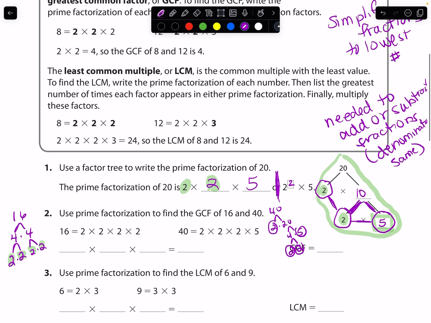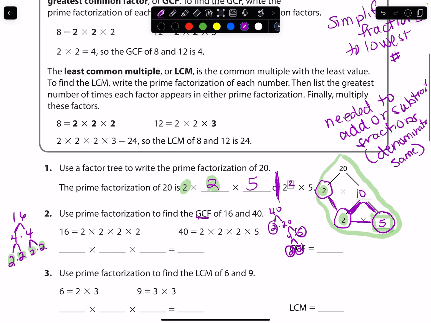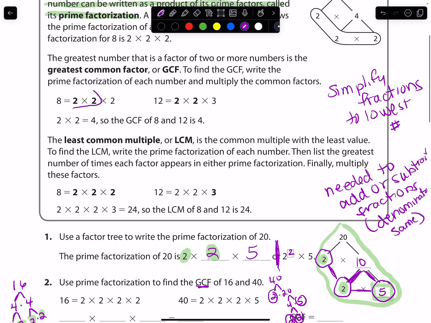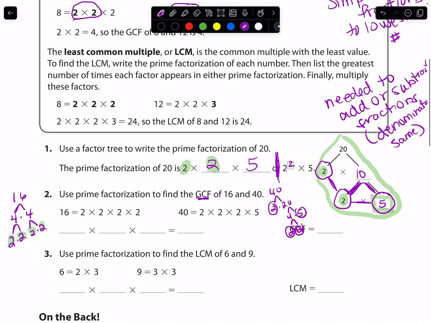I am going to look back up at the top because we're looking for the greatest common factor. The greatest common factor is the numbers that they have in common only. You leave everything out. In the case of 16 and 40, I see 1, 2, 3 2's in common. I can see that 16 has an additional 2, but 40 doesn't have an additional 2 to go with it.